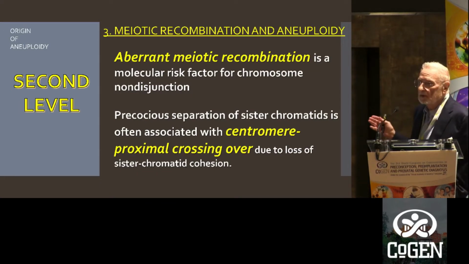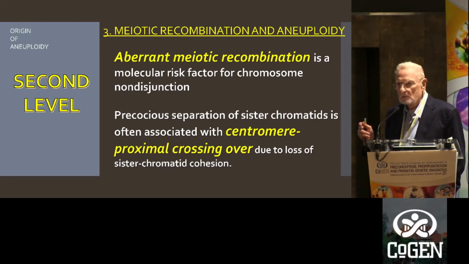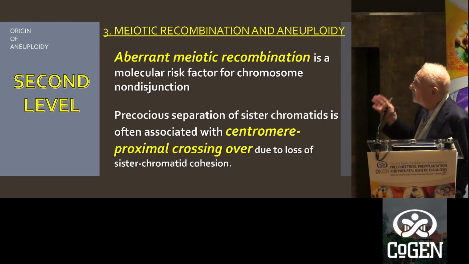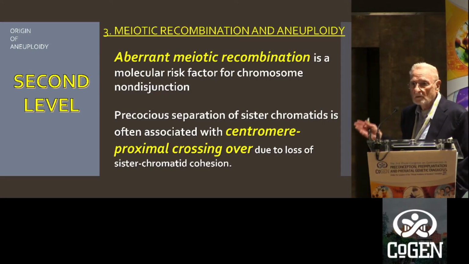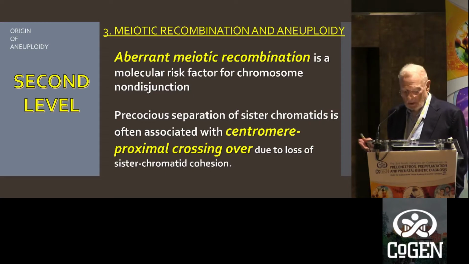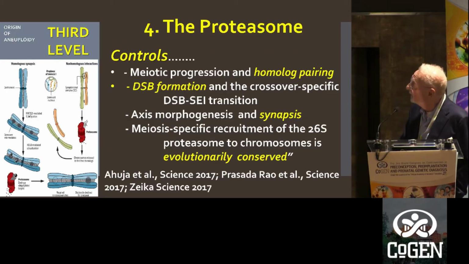Meiotic recombination, where the chromatids are exchanging genetic material, has also been attributed as a major third factor in contributing to aneuploidy. So we have at least two explanations now: alterations in the behavior of cohesion and the kinetochore-microtubules, as well as in meiotic recombination.